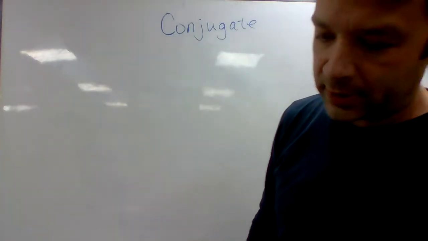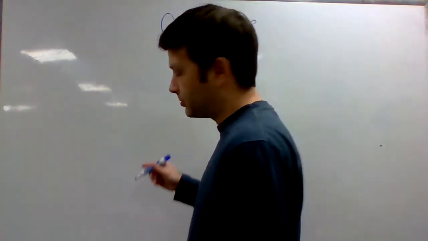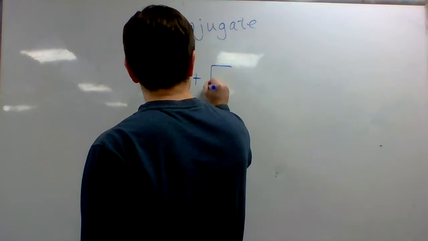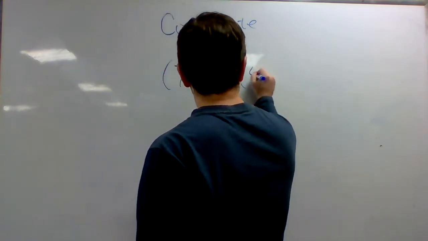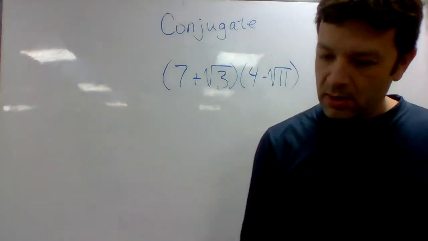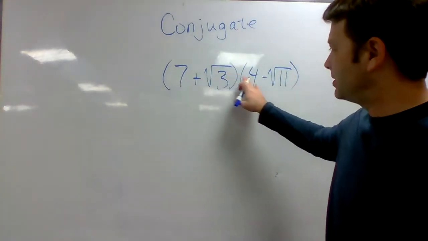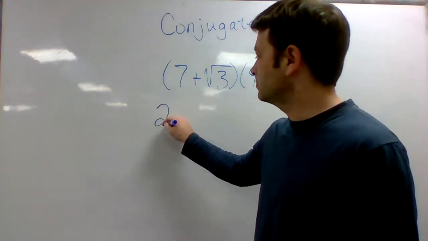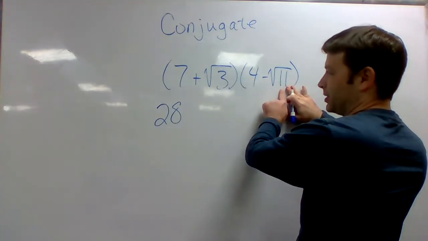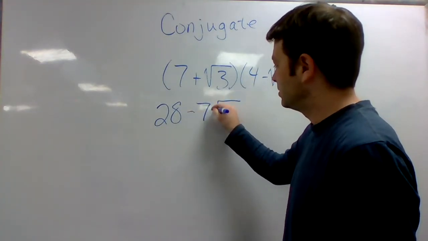All right, number 7 says 7 plus square root of 3, 4 minus square root of 11. All right, so start with FOIL first. 7 times 4. Outside, 7 times negative square root of 11 will be negative 7 square root of 11.